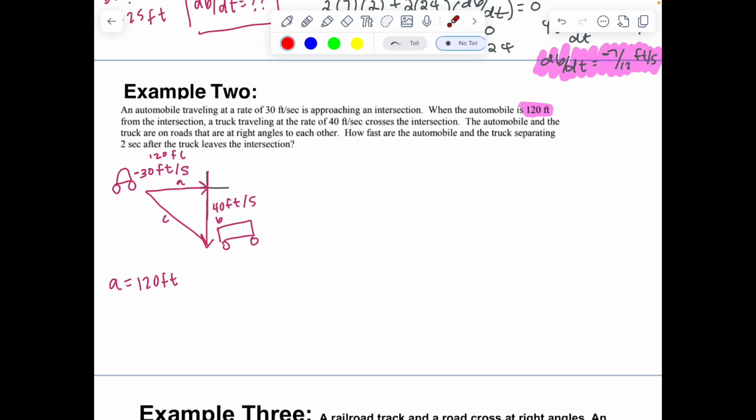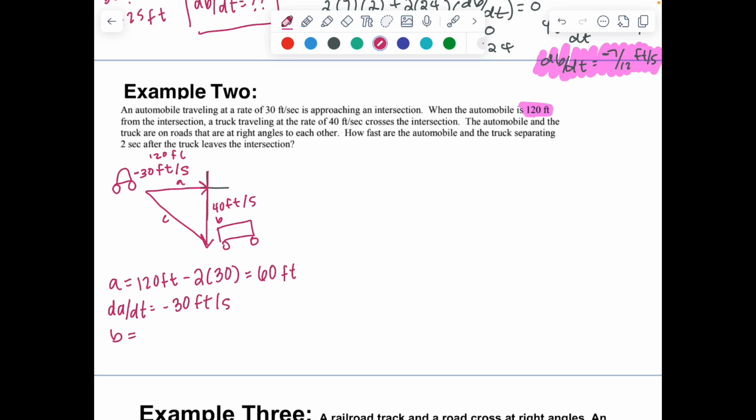Well, it says it's moving 30 feet per second. 2 seconds have passed. It was at 120 feet. Now, 2 seconds later, it's lost 30 feet per second for those 2 seconds. And so altogether, at this moment that we are concerned about, the automobile is 60 feet from the intersection. dA/dt doesn't change. It's still driving at this rate of negative 30 feet per second.